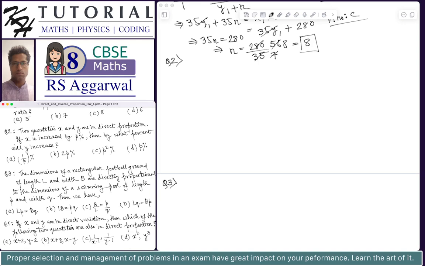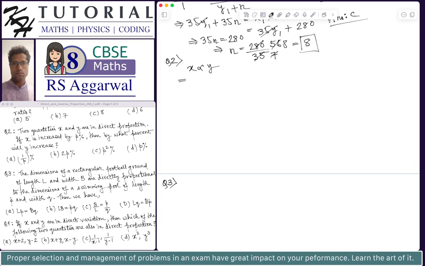So the two quantities x and y are given to be in direct proportion. This is the mathematical way of saying that x and y are in direct variation, or x varies directly with y.